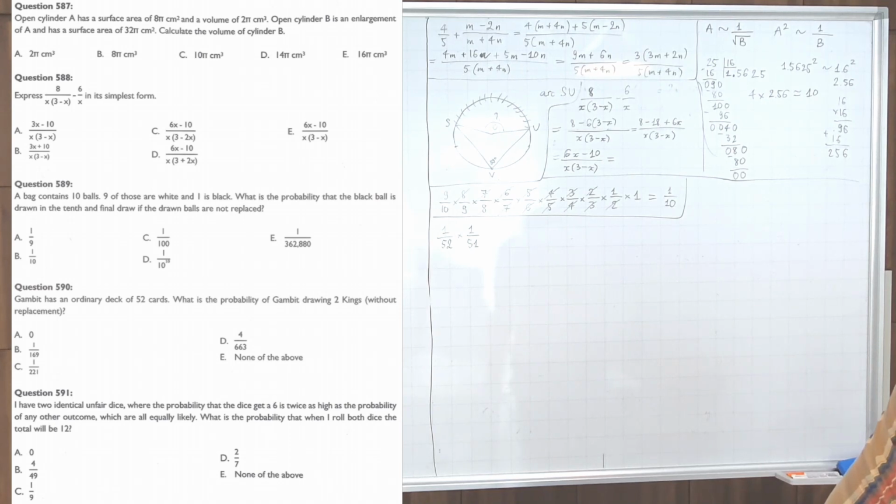What is the probability that when I roll both dice, the total will be 12? Xác suất để khi mà tôi lắc cả hai con như thế này, cái tổng nó lên là 12.